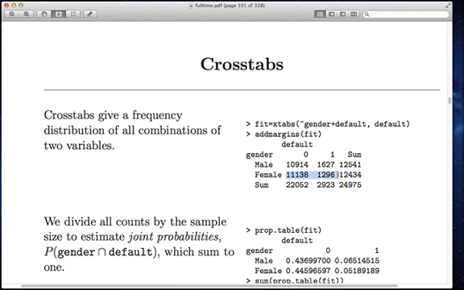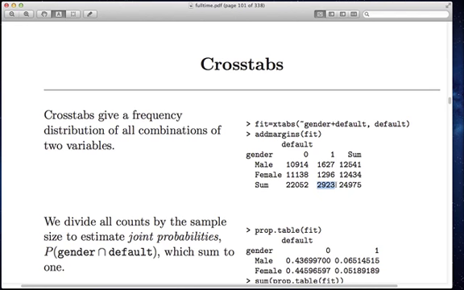The sum of these two will give us the total number of females, which is 12,434. Likewise, we can do the same for males who defaulted. Add that to females who defaulted, and you get the total number of defaulters. So that's all a crosstab is: a frequency distribution.